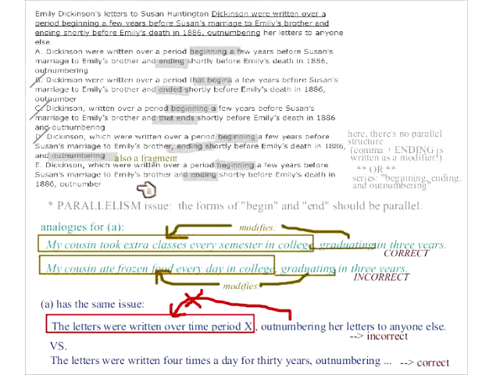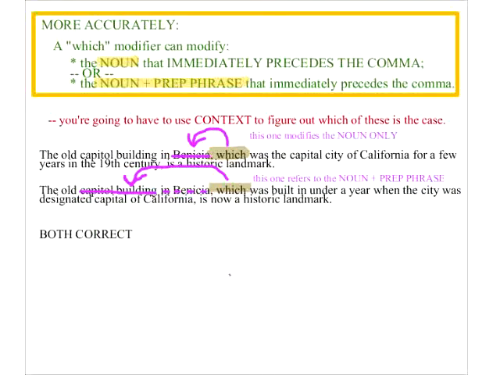So that's why, if you're going to express an unrelated extra fact, then a which modifier is a nice tool for doing that. Okay, somebody asked a question about the which modifier with a comma. Let me elaborate on that. Which modifiers and commas.